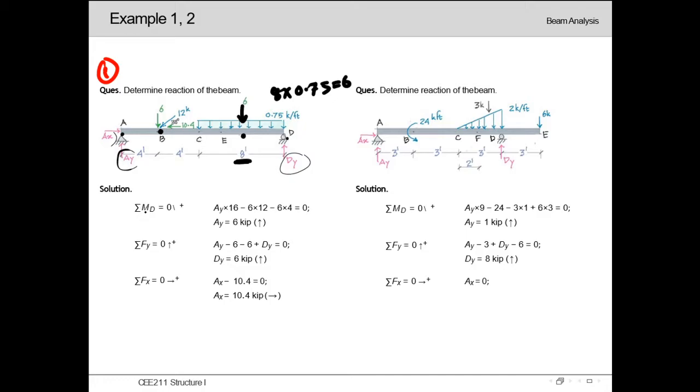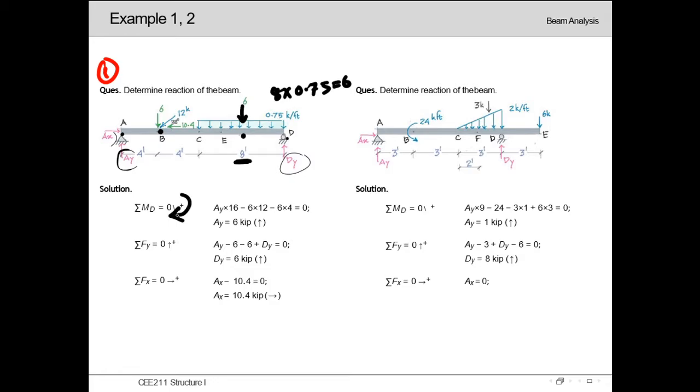So applying summation of moment at point D, we can apply moment at any point, but most preferably at the supports, as we know that at a support the moment will be 0. So summation of moment at D will be 0, considering clockwise direction as positive.